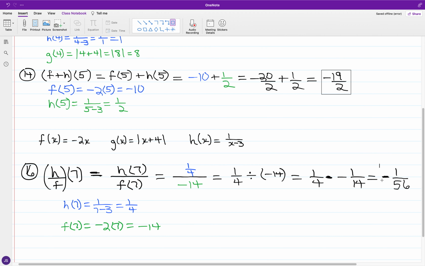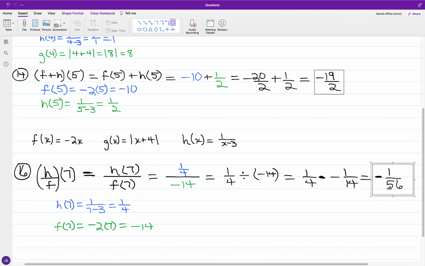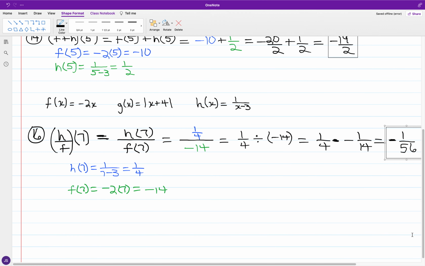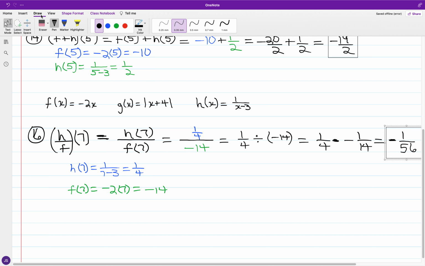Alright, now for the next even item, number 18, we're looking at h over g of negative 4. So we're looking at another quotient.